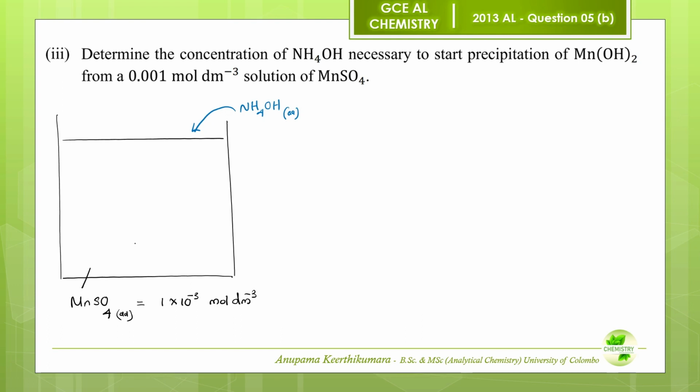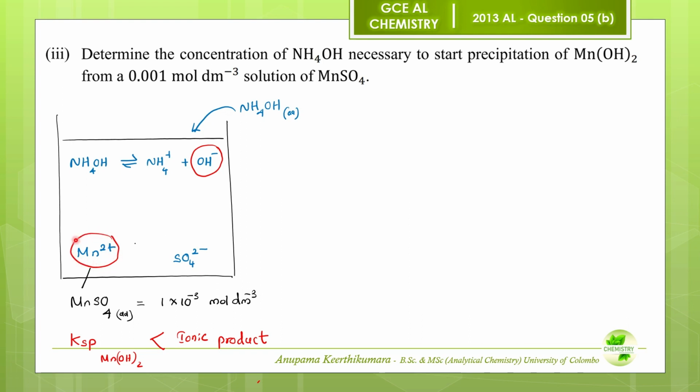Manganese sulfate is a strong electrolyte. It dissociates completely and it gives manganese 2 plus ions and sulfate ions into this solution. When ammonium hydroxide is added, it partially dissociates and it gives ammonium ions and OH minus ions to the solution.